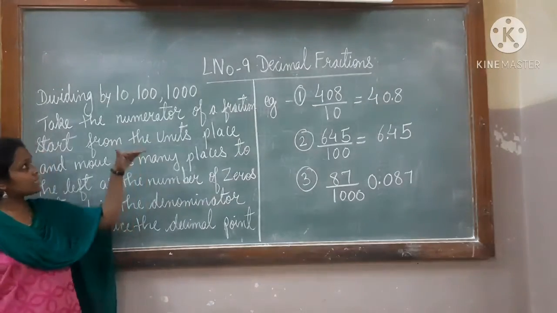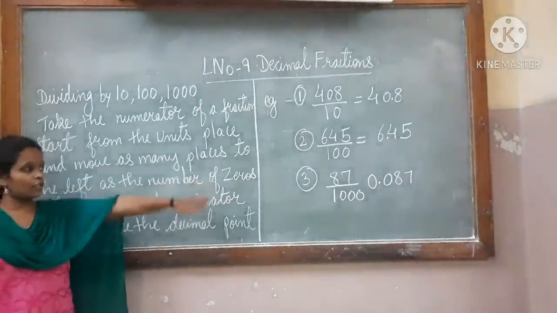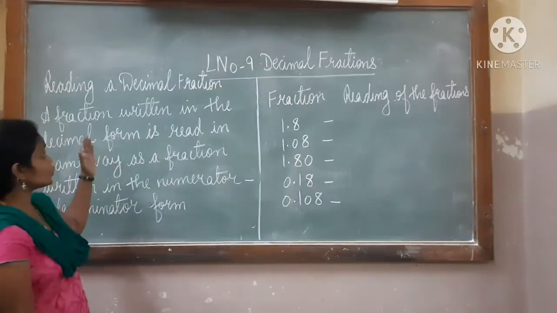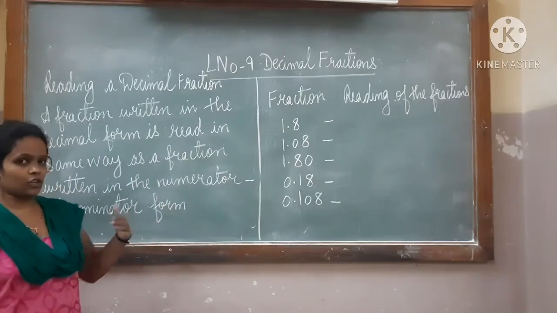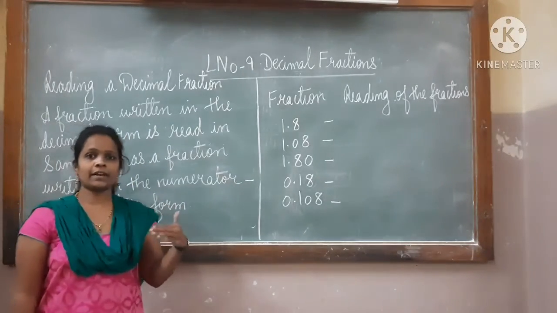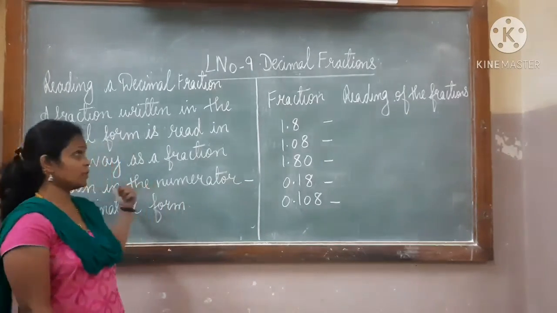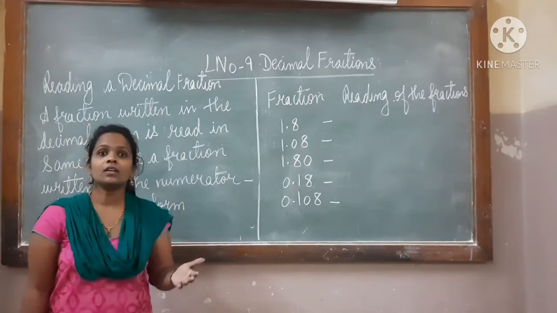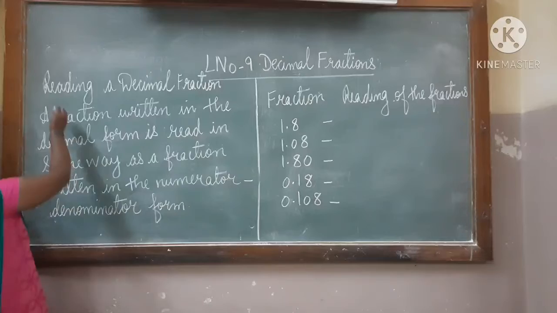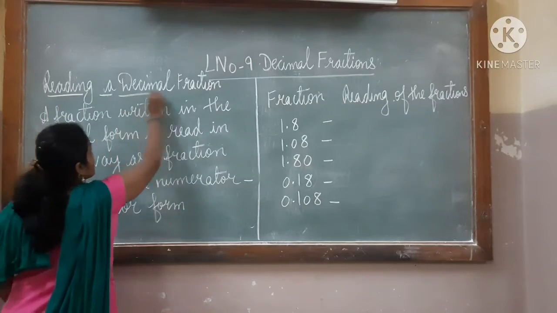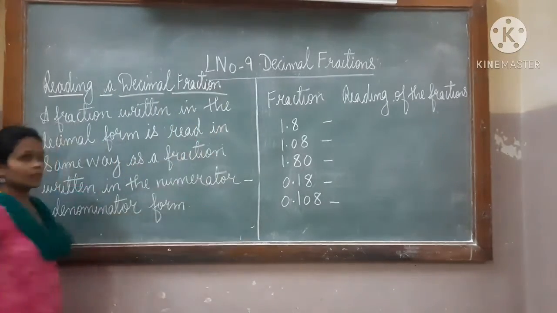Now one more thing I am going to write on the blackboard and I will show you how to read. We are going to see how to read a decimal fraction. The first one I have shown you, how to divide by 10, 100 and 1000. Now in this one we are going to see how to read the decimal fraction, how to write also. See here, reading a decimal fraction.